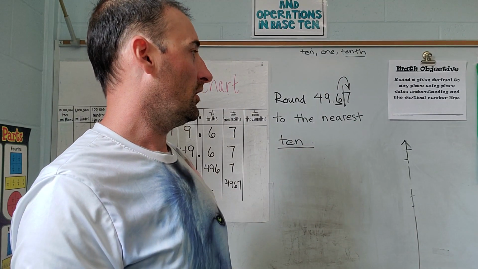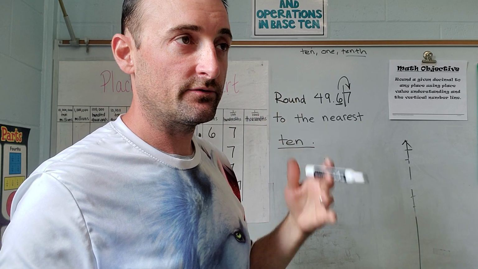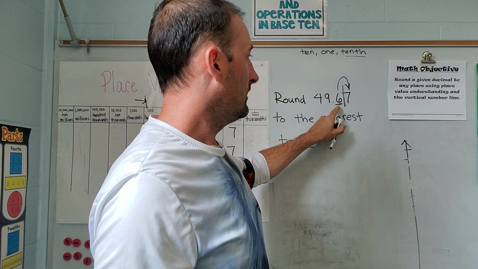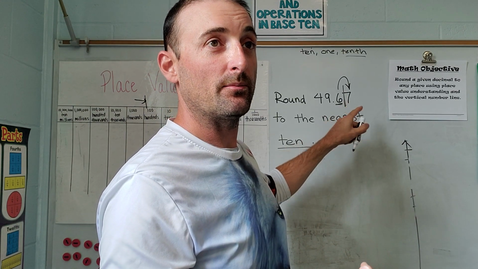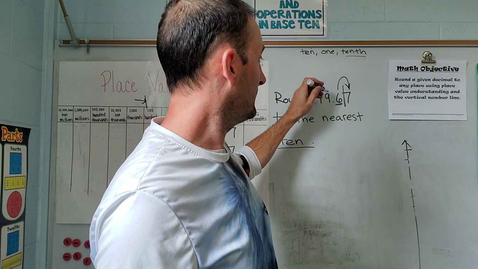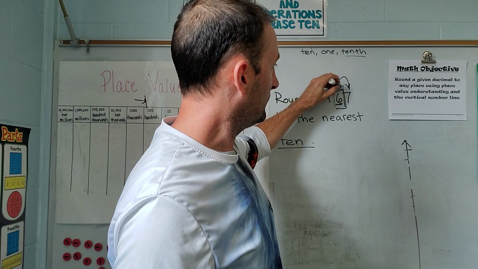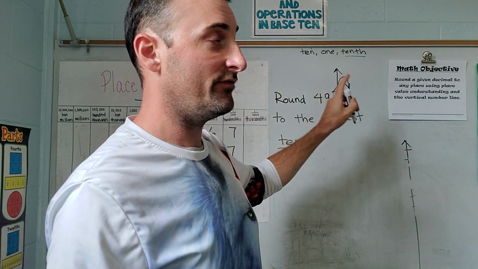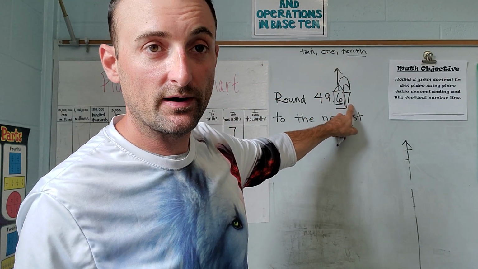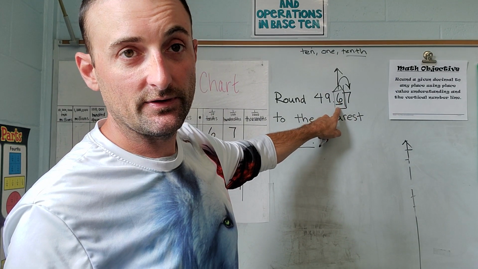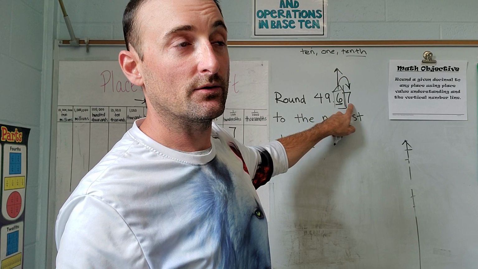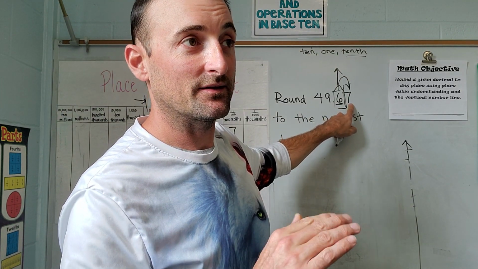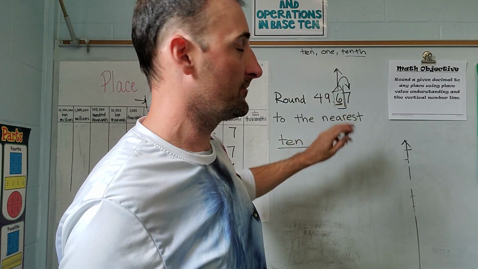Okay, here's my little mnemonic device to remember this. If you look over here and the number is 5 or greater, the number here that's underlined takes the elevator. Okay, so here's a little elevator going up. If this number is 5 or greater, this guy takes the elevator to the next floor, which would be 7. If this number is 0 through 4, it stays on the same floor, which would be 6.